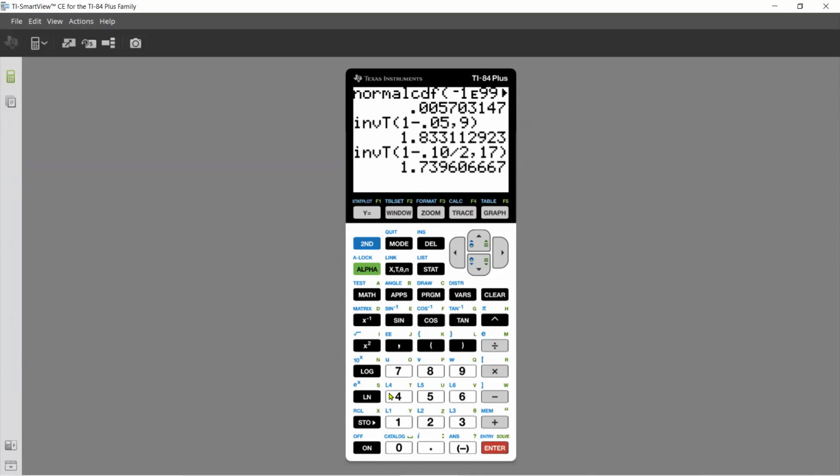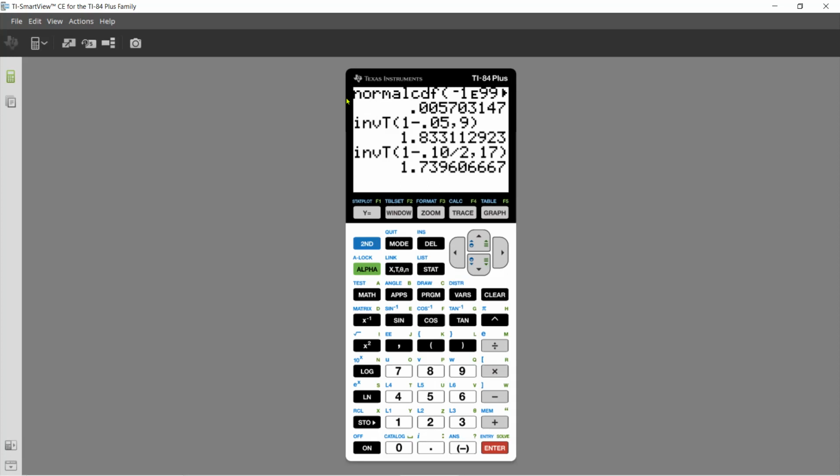We get 1.7396. So the 9 has a 6 behind it. So the 9 becomes a 10. We don't have room for a 10. So it becomes a 0 and the 3 becomes a 4. So this becomes 1.740 plus or minus.